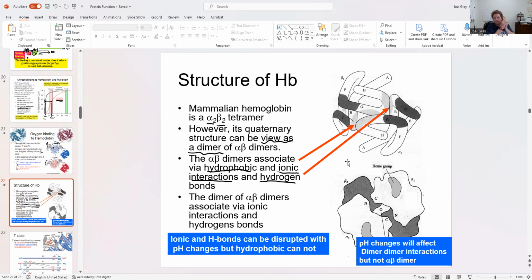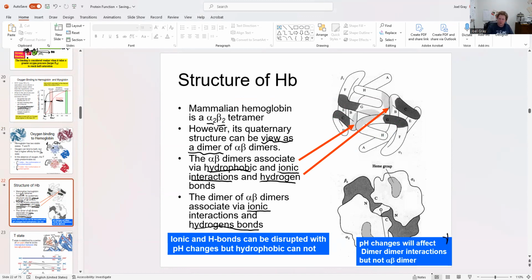Those 2 dimers come together to make that tetramer. Now, the dimer of alpha beta dimers associate through ionic interactions and hydrogen bonds. What's worth noting is that the tetramer is basically stabilized through ionic interactions and hydrogen bonds. The individual dimers, on the other hand, have hydrophobic interactions.